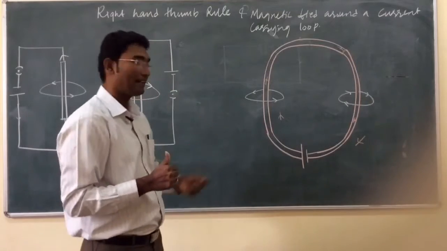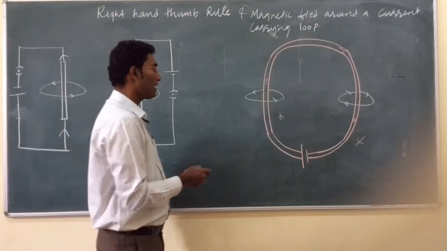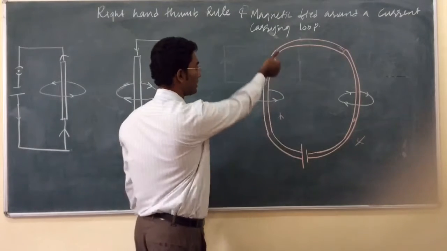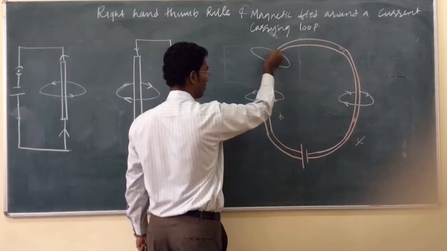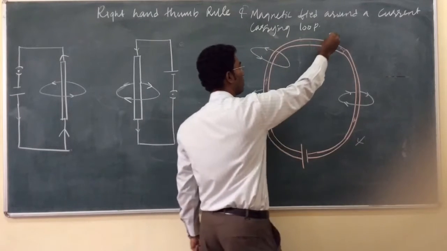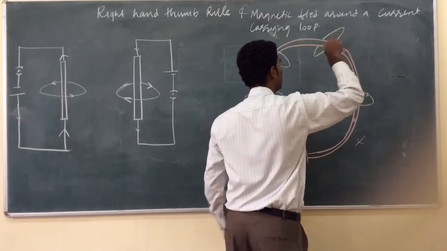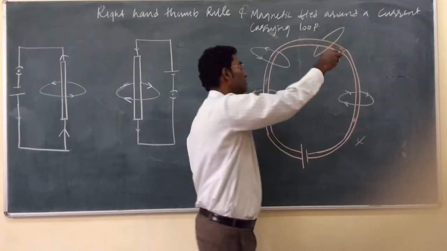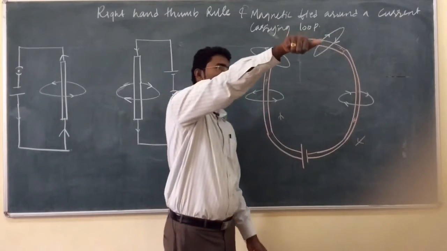So the magnetic field will be produced around this loop. And what will be the nature of the magnetic field? Here if I apply the right hand thumb rule, then this is the direction of the magnetic field here. What will be the direction of the magnetic field here? If I hold it like this, this will be the direction of the magnetic field.